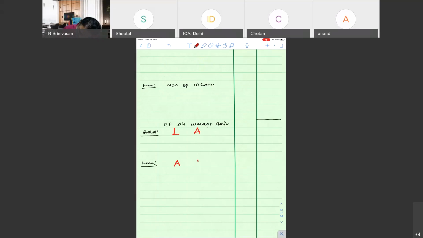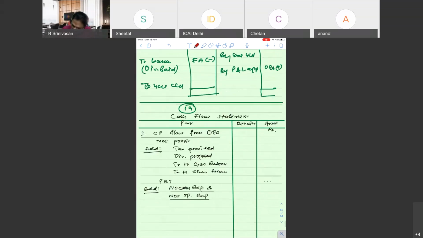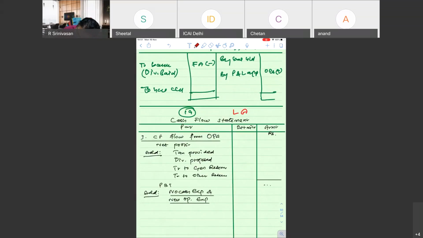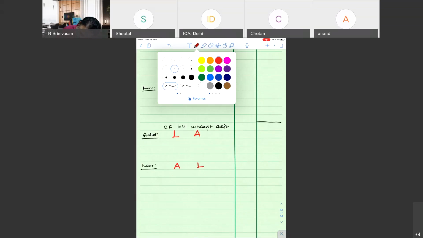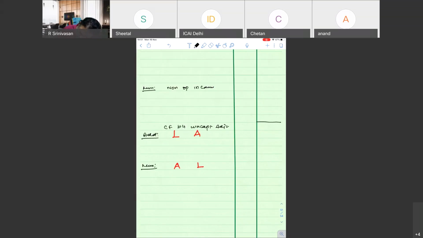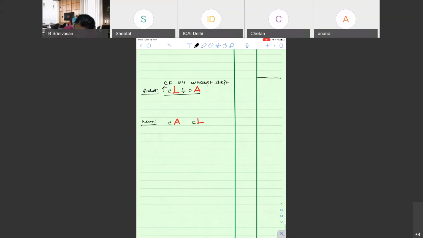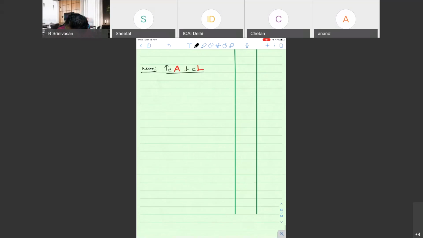So I have taken here inflow and outflow. So use the log principle. So this is inflow. Increase in current liabilities and decrease in current assets are inflow, and increase in current assets and decrease in current liabilities are outflow that we adjust.